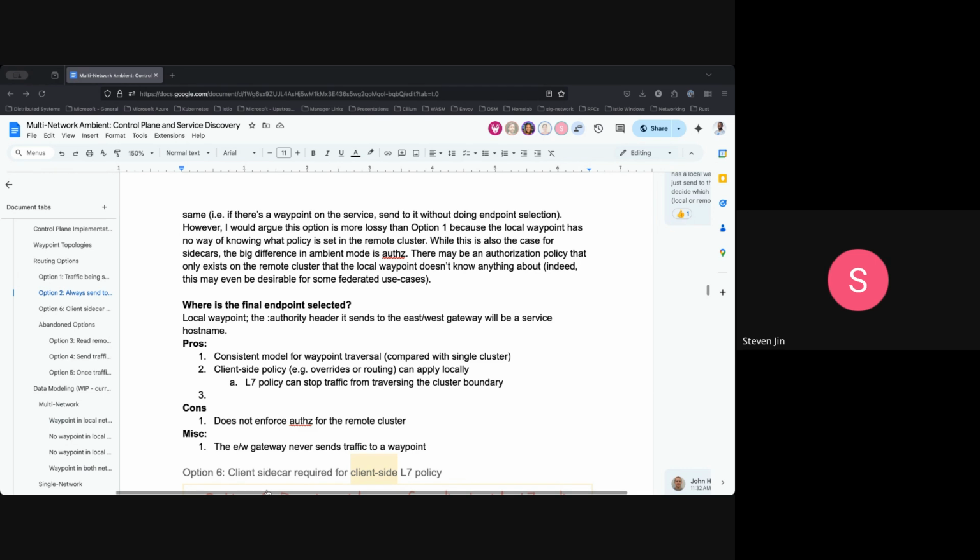Okay, that makes sense. That's kind of how Gateway API routing with HTTP routes works. In Gamma, if you have a route defined for a service bar, and you have a route for foo that redirects to bar, it'll just redirect to bar.